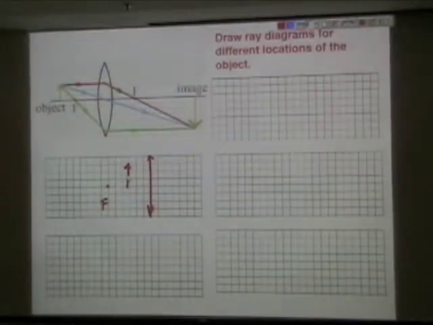Please draw the picture. Look at the image and tell me, in this situation, is it going to be larger or smaller than the object?